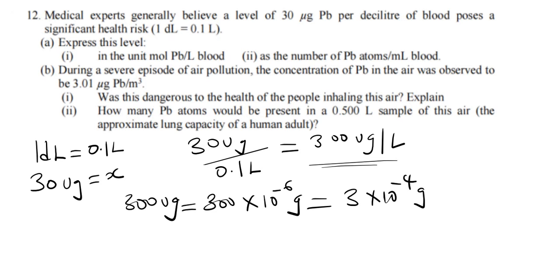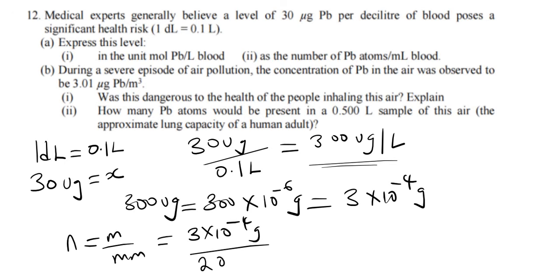Now we're converting grams to moles. You know that the number of moles is equal to mass over molar mass. We've been given the mass: 3 times 10 to the power negative 4 grams, over the molar mass of lead, which is 207.2 grams per mole.